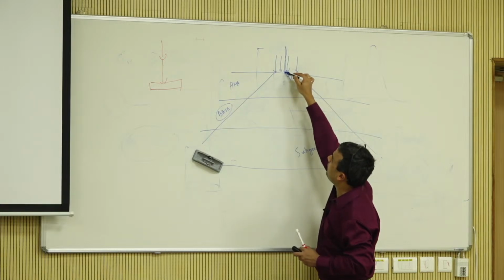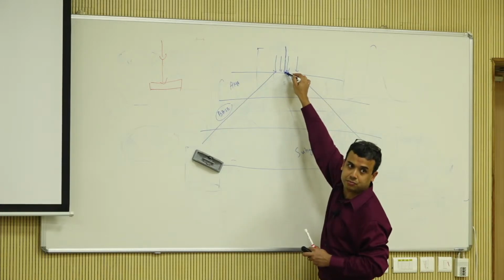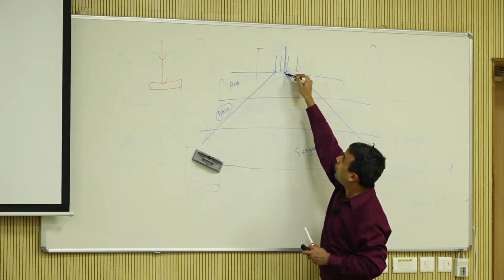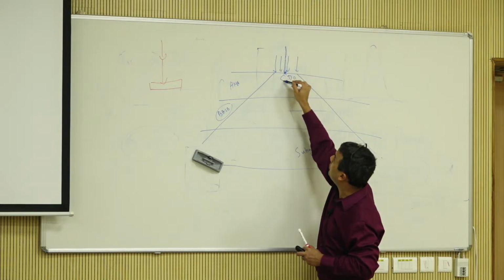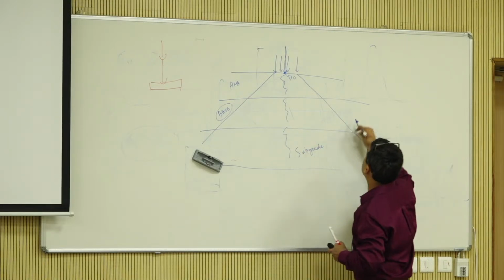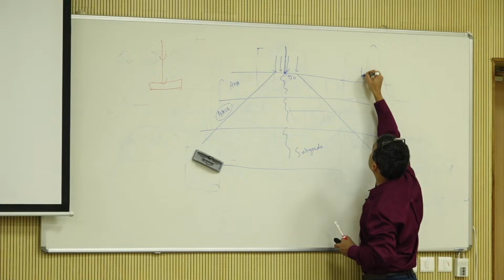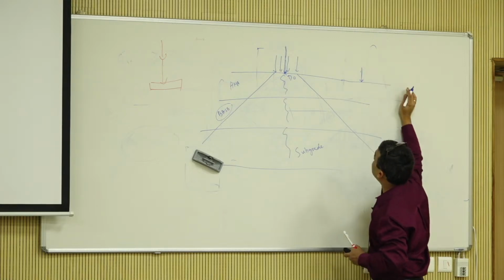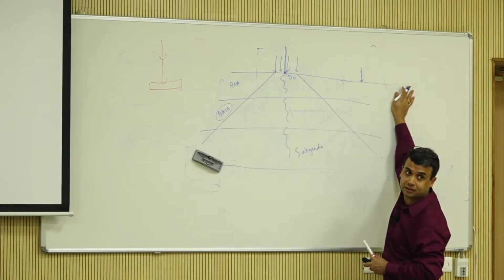What layers affect the deflection of this point? All, right? Because this one, this one, this one. If I measure the deflection here, what layer is affecting the deflection here?